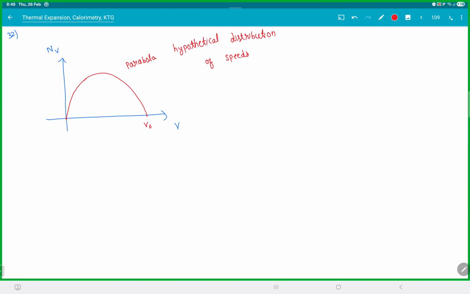So here, the speed distribution of gas molecules versus V is a parabola. That n subscript V is simply the number of molecules with a speed range of dV.